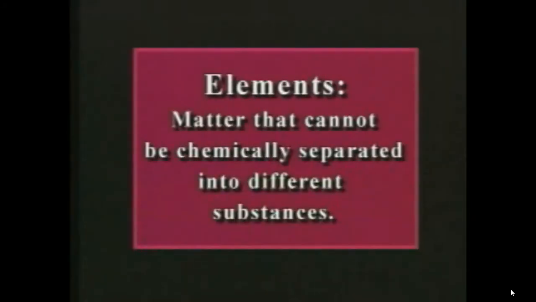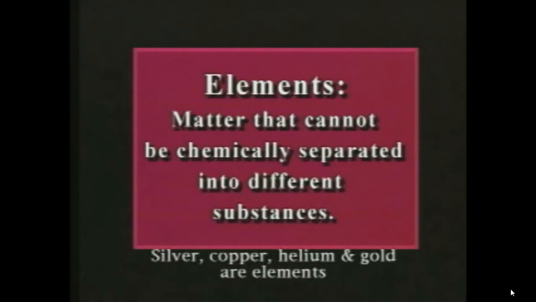Elements are pure types of matter that cannot be chemically separated into different substances. 92 elements of matter can be found in nature. Familiar examples of elements include silver, copper, helium, and gold.